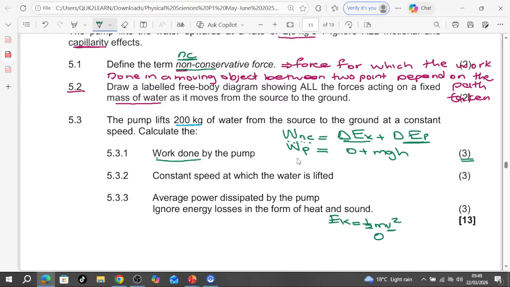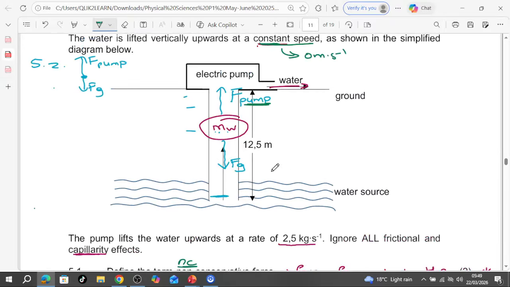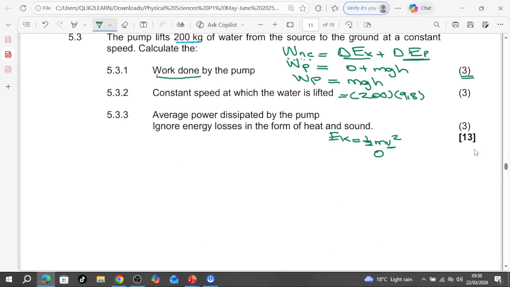So to find the work done by P, we can say this is mgh, and the mass of the water is given as 200, and G is just 9.8, and the height that the water will travel is 12.5. This is my height, so I'm just going to write the 12.5 there.